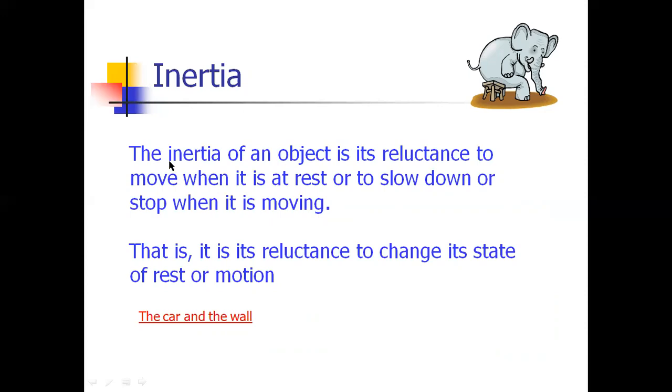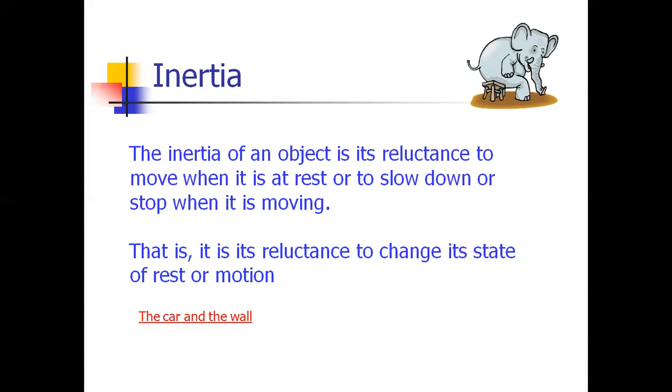So here is the definition of inertia. Inertia of an object is its reluctance to move when it is at rest, or to slow down or stop when it is moving. So it is its reluctance to change its state of rest or motion.